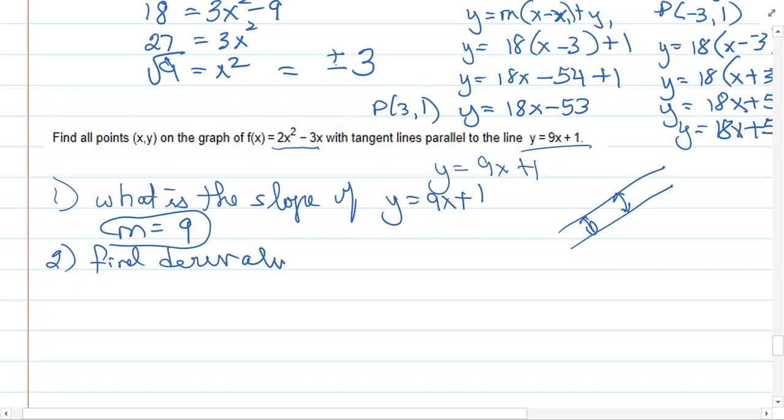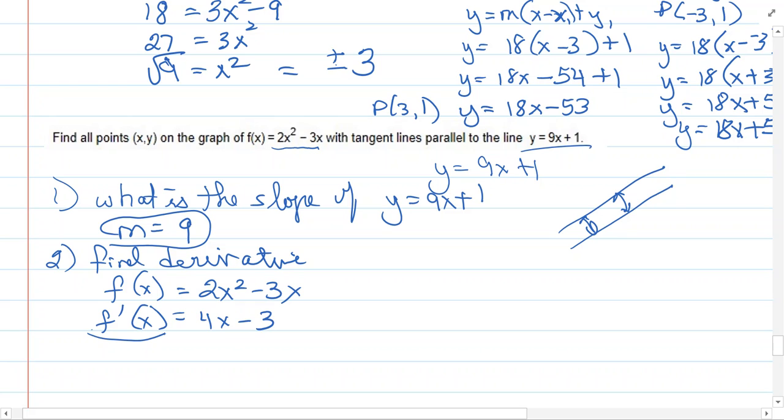So we're going to take the derivative. So that's going to be f prime of x is equal to 4x minus 3. And we want the slope, which is this entire thing, it's our slope. We will then set the slope equal to 9.